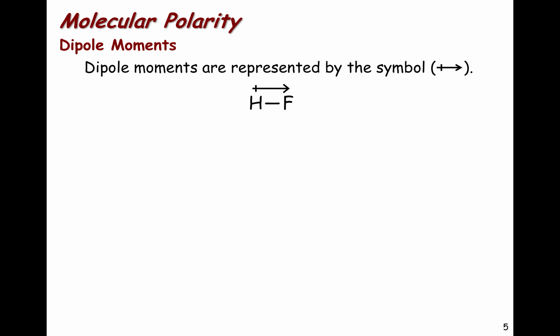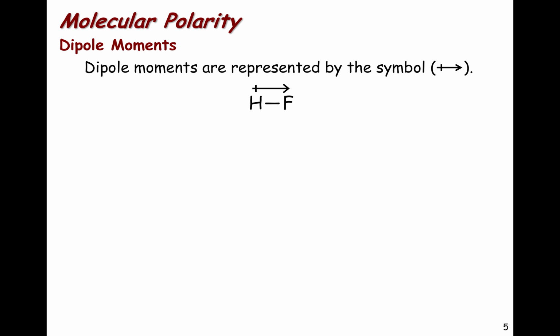To represent a dipole moment for a simple molecule, all we have to do is to use a vector arrow to indicate the direction of the negative charge of the polar covalent bond and how that is with respect to the molecular structure.